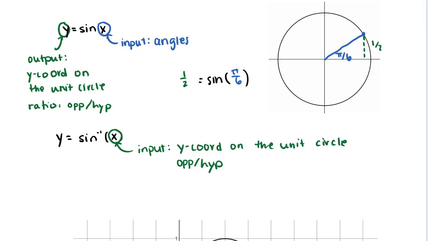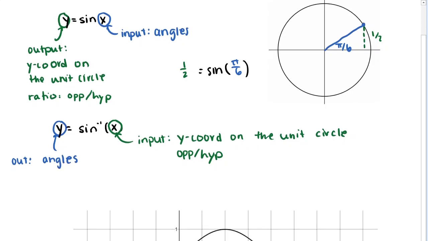And then the outputs of this inverse function should be the inputs of our original function. We should get out angles. Right, so the idea is that we would expect, if we were to take sine inverse of 1/2, to get pi over 6 from our previous computation.